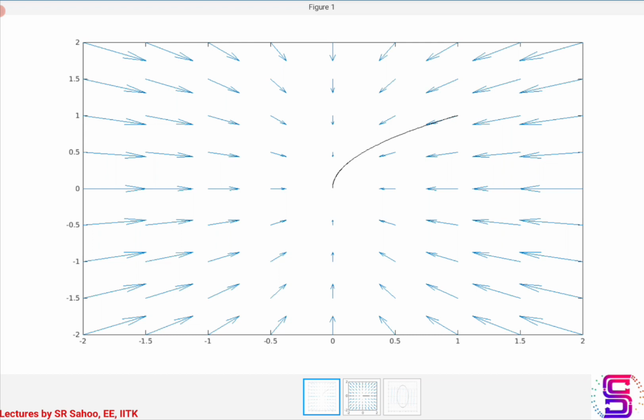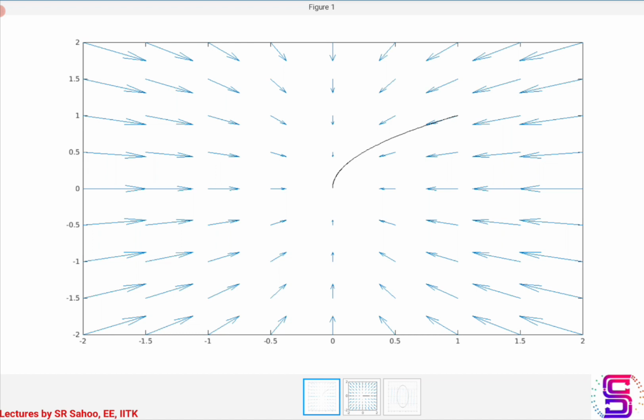Okay, so the black one is the trajectory shown for initial condition 1 1, and this is how it is going to evolve. And if you can see, it is going towards 0. For the system that we see here, it will actually reach 0 as t approaches infinity. So it is arbitrarily close to 0, but is not on 0 as of now. Okay, so this is how it is going to evolve.